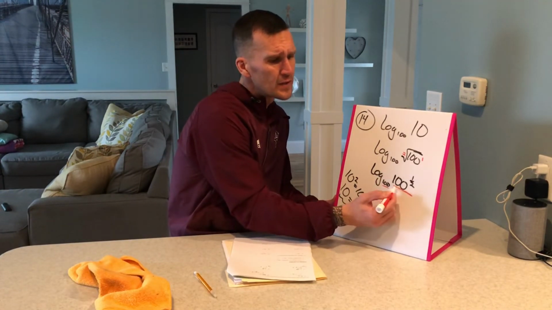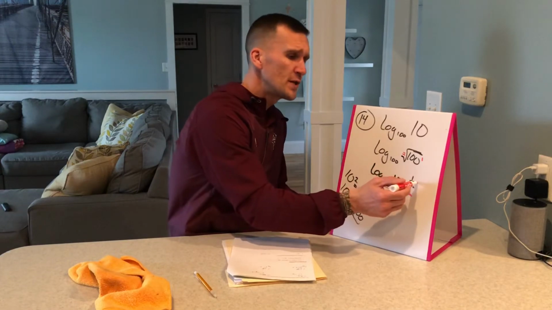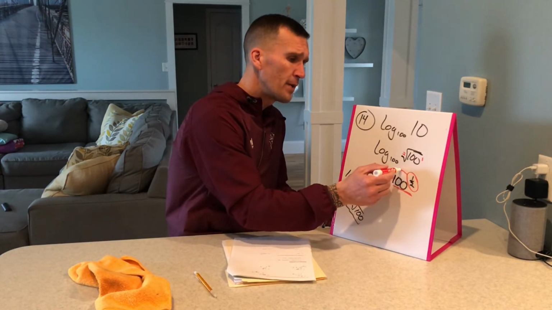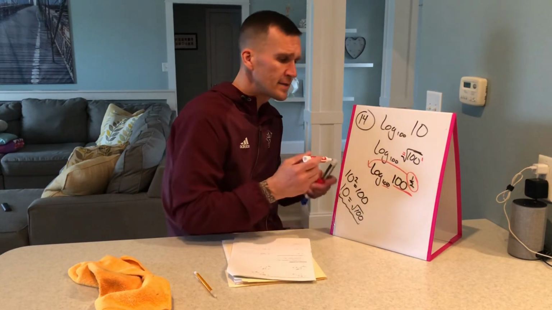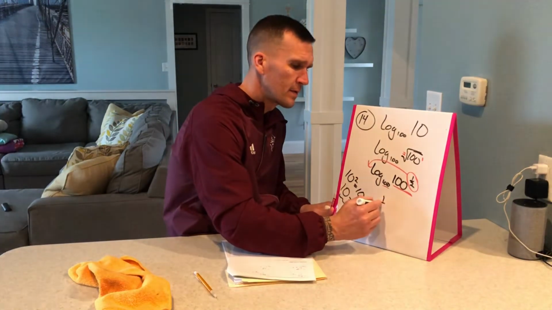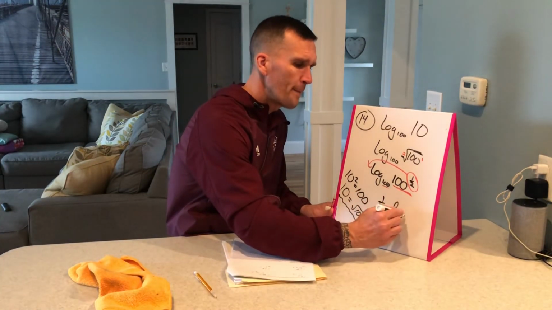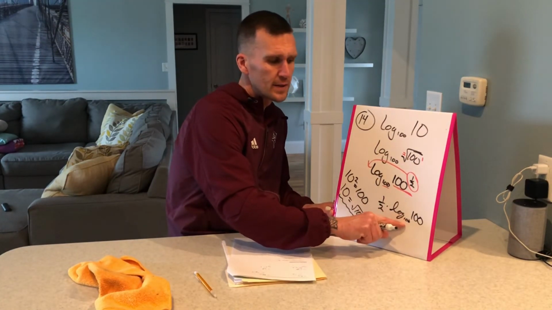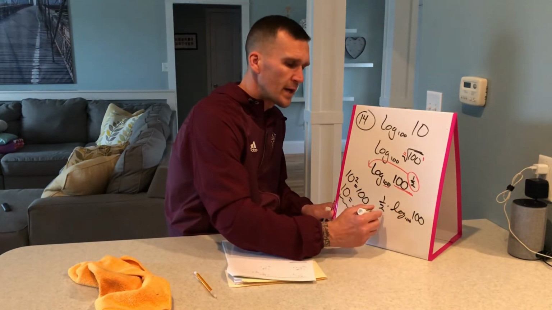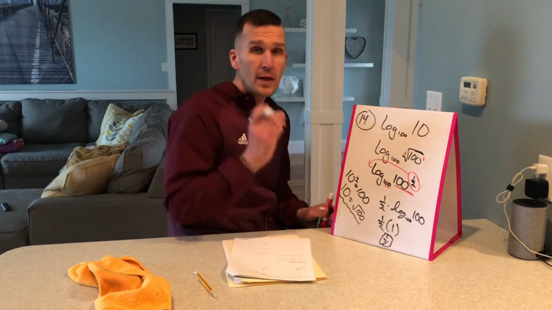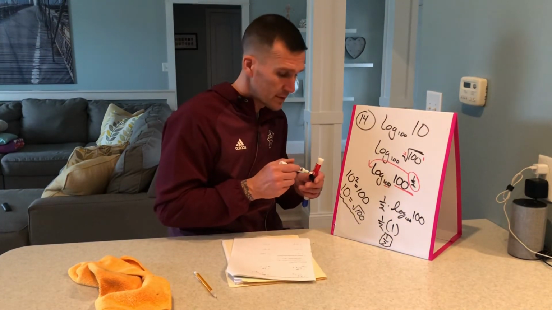The argument is almost 100. I just need the 1/2 to move, and using the power property, the power can come down in front as a multiplier. So I have 1/2 times log base 100 of 100, and this equals 1. So I have 1/2 times 1 for a final answer of 1/2. I know that's small, but hopefully you heard me, and you can write down 1/2 as your final answer.